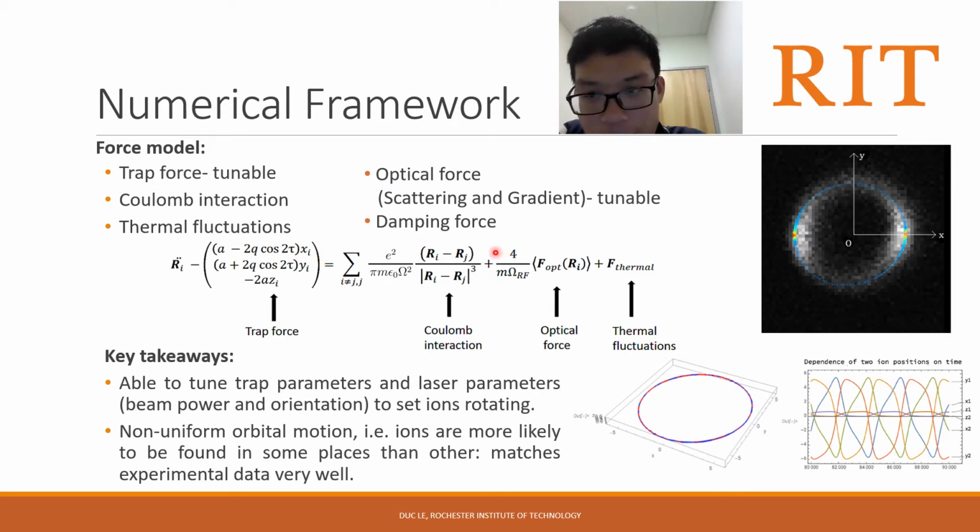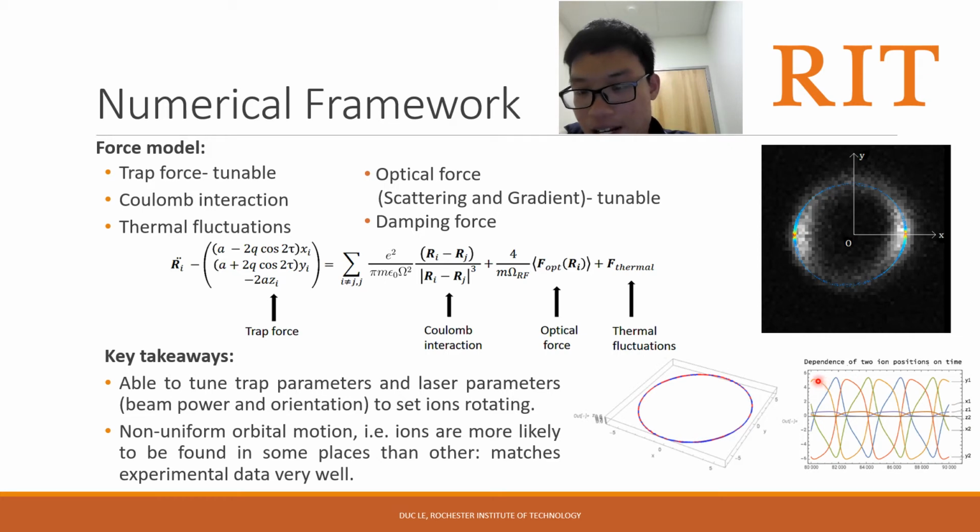The main takeaway from our numerical analysis is that we are able to tune these trap and laser parameters to set these ions to rotate. And this rotational motion is characterized by a non-uniform orbital motion, as you can see here in the change of the XYZ coordinates in time.